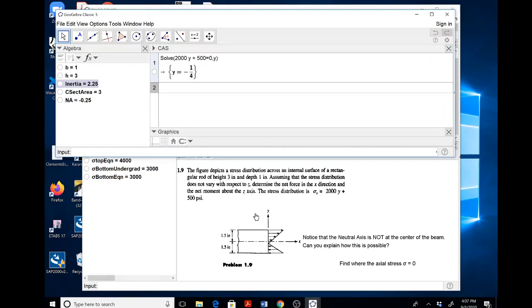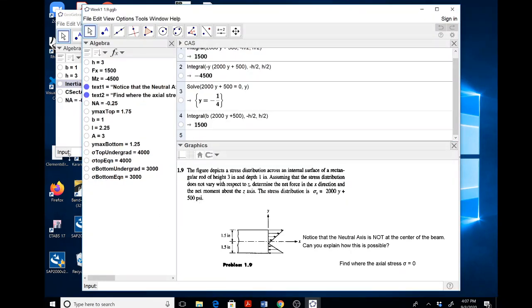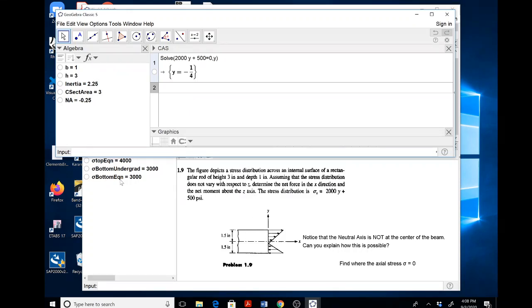Now I have that. So now I need to establish how far it is to the tippy top of the beam, and that will be h over 2 plus this little distance, but I made that distance negative, remember?